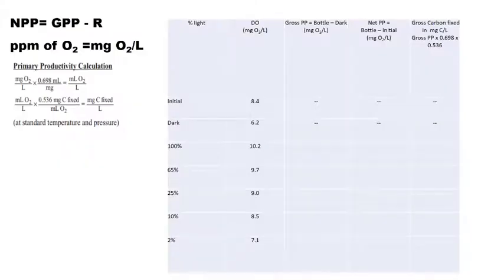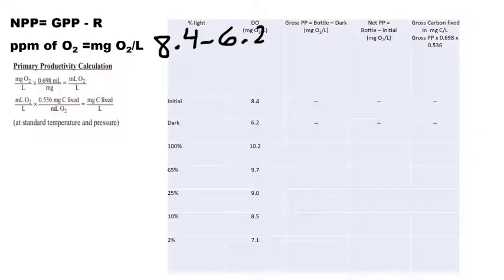Alright, so here are our data. We have an initial bottle that started out with a dissolved oxygen concentration of 8.4 milligrams of oxygen per liter of water. We then put it in the dark, and after a period of time in the dark, the dissolved oxygen concentration was 6.2. So if we take those numbers and subtract them, let's take our initial 8.4 minus our dark reading, remembering that in the dark, only cell respiration was taking place.